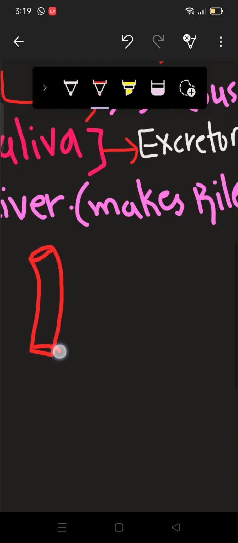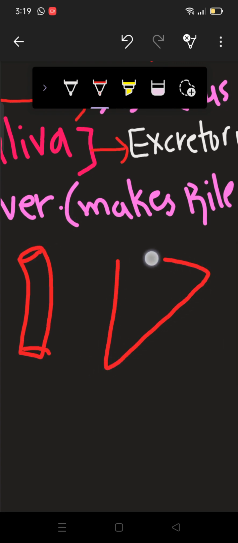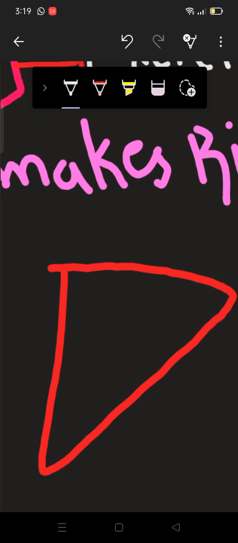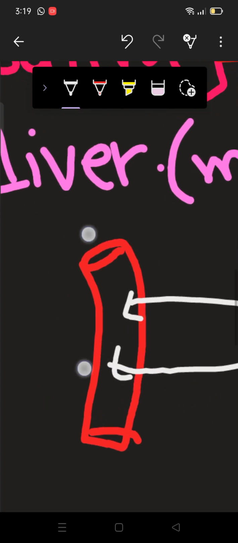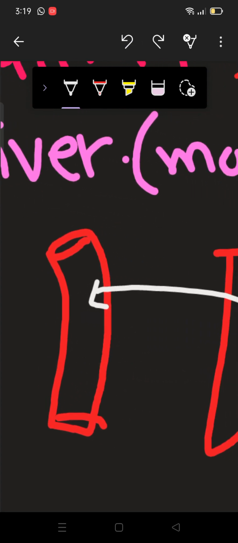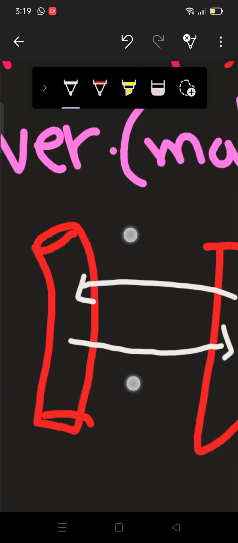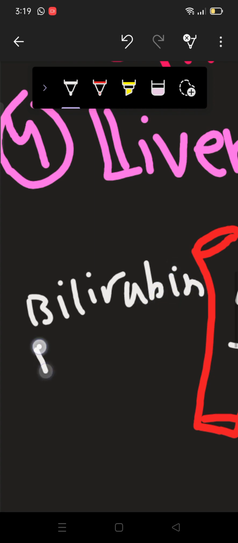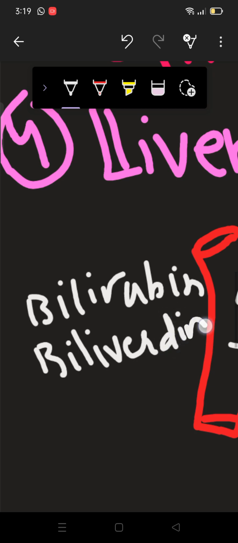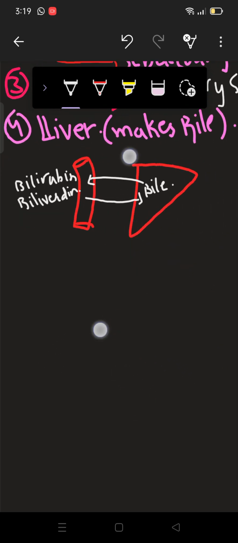As you can see here, we have the liver and here we have bile, which has two pigments. And what are those two pigments? These are bilirubin and biliverdin.